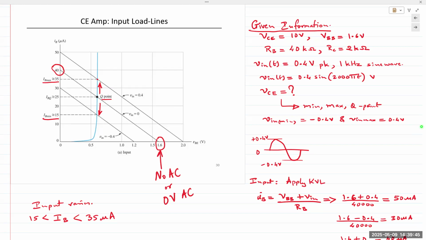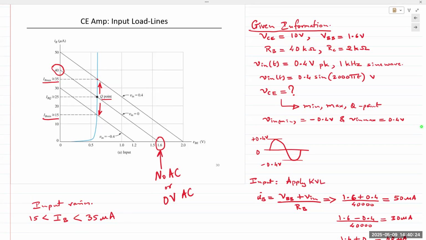In both cases, this is the max and this is the minimum. At each point, it intersects the characteristic curve, and so we obtain the max value for IB and the minimum value for IB as 35 and 15. The input current varies from 35 to 15 microamps.